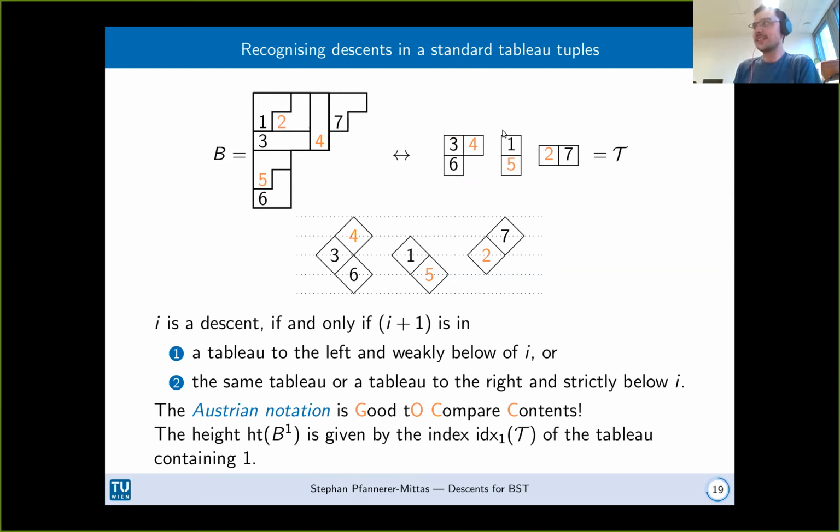And this is easy to see here because we just need to check the index in which the 1 appears. The index is counted from right to left, starting with 0, but this is just a small detail. So here we count 0, here's 1, here's 2. So we see the 1 is precisely in here, telling us that the height of the border strip containing 1 is 1.